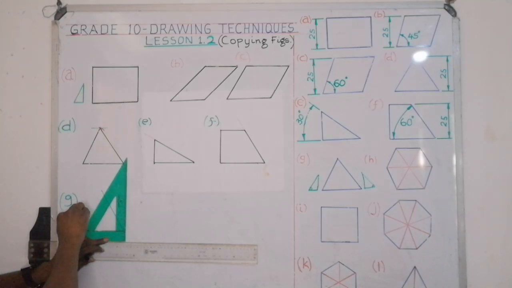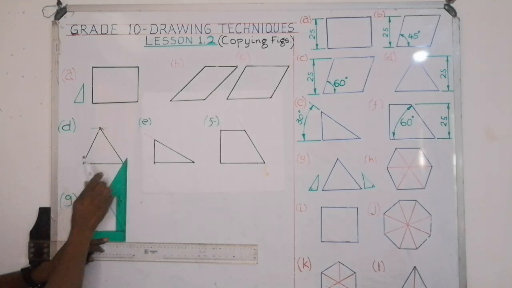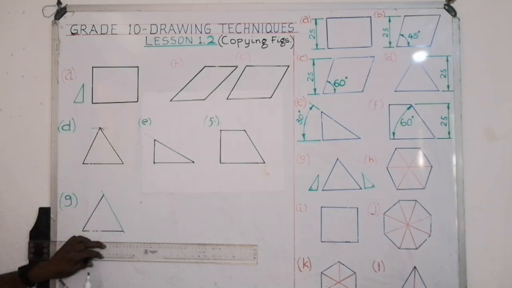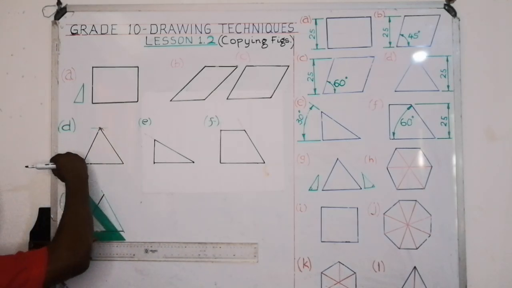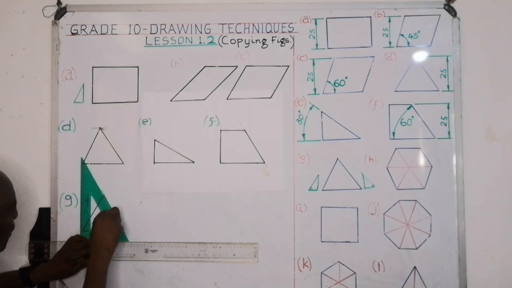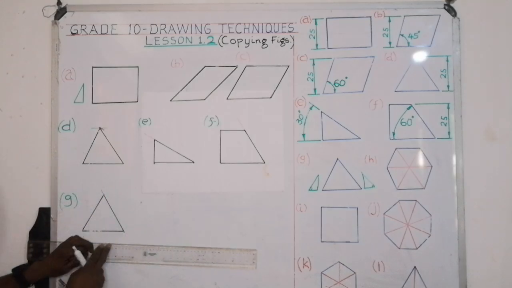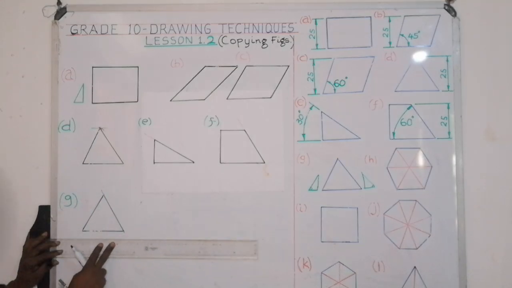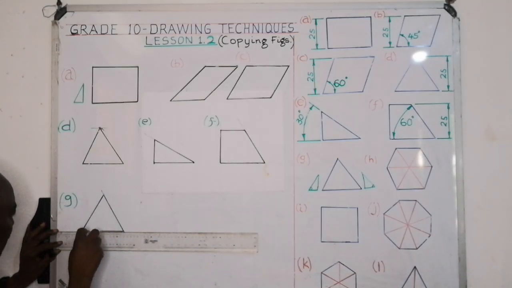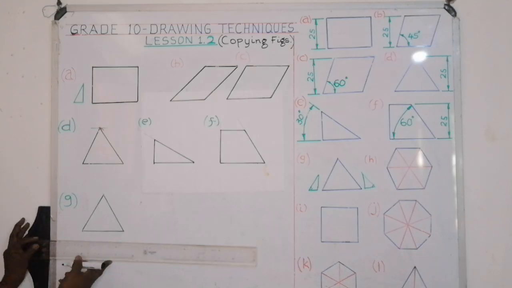So I can just simply outline like that. And then this one I can go right now with HB like that. And that's my triangle, which is equilateral. Right. So this is the equilateral triangle.